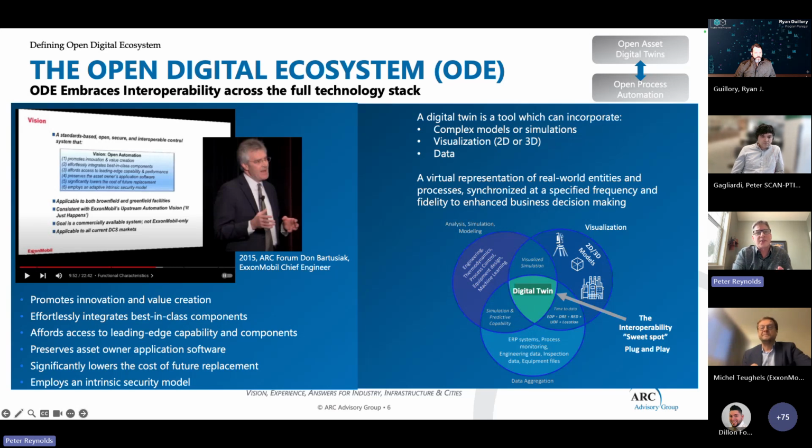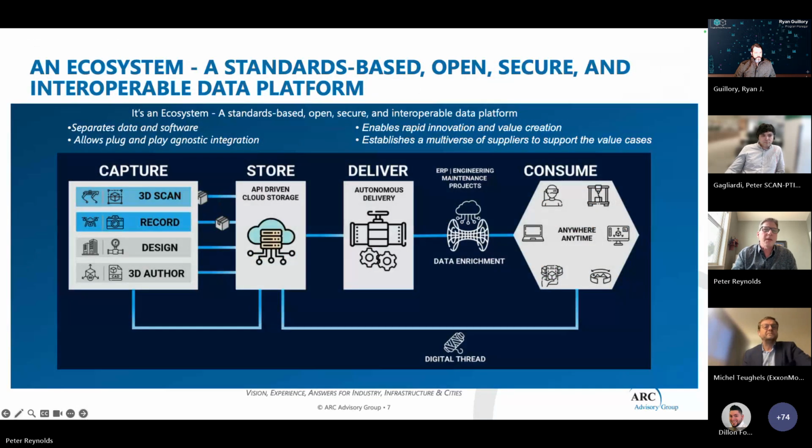Yes, that's the process digital twin, or thermodynamics, or simulations. Is it the 3D asset visualization? And the answer is yes, it is also the 3D asset visualization. And then it's the underlying attributes that make up the digital twin. So we see the sweet spot for where we're going forward with open asset digital twins as part of a greater open digital ecosystem. It's the interoperability and the intersection of the Venn diagram.